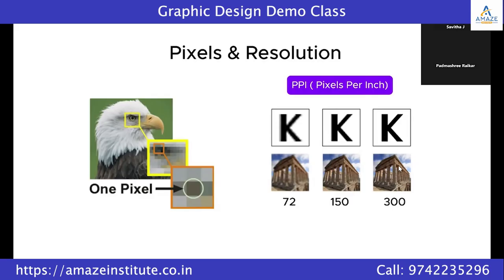Likewise, if for 1 inch you have more than 150, like 300 pixelated boxes, the quality will be good. At last, what we understand is that if the pixelated boxes are fewer, the quality of that image is also less. If you have more pixelated boxes, the quality will be good. So you can understand it like this.